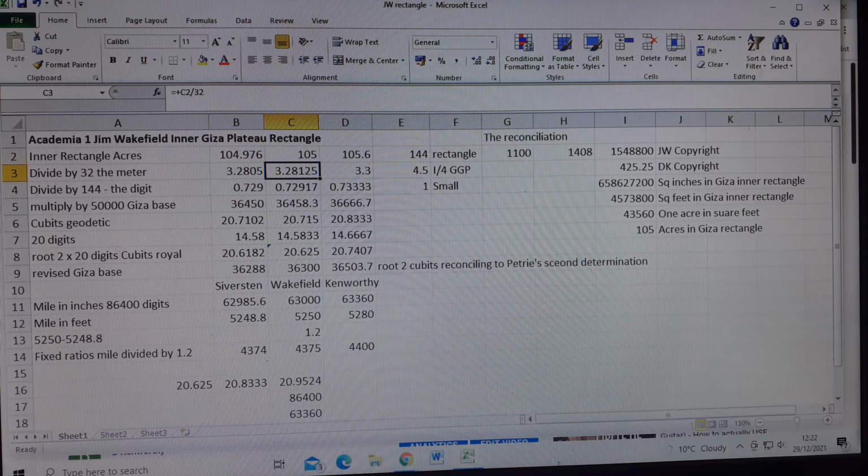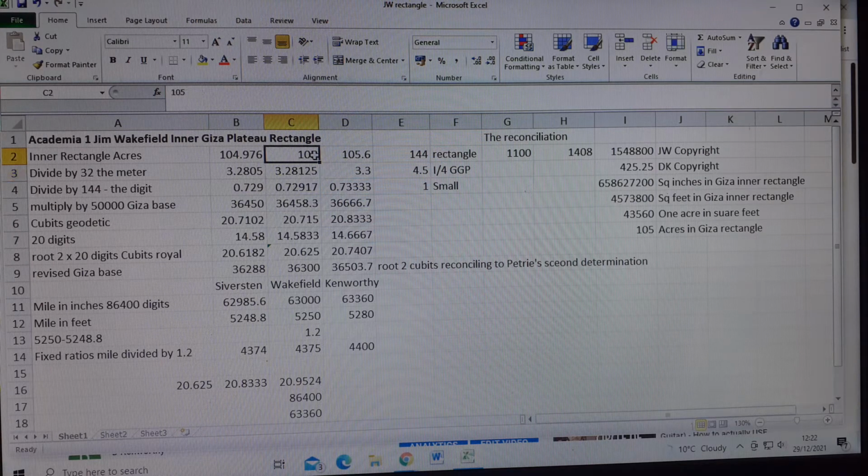And that gives us 3.28125. Now, if we multiply that by 12, we're going to get the meter that's being used in the design. And these are all in acres, but they can be translated as other units. This always happens when you look at this Egyptian mathematics.